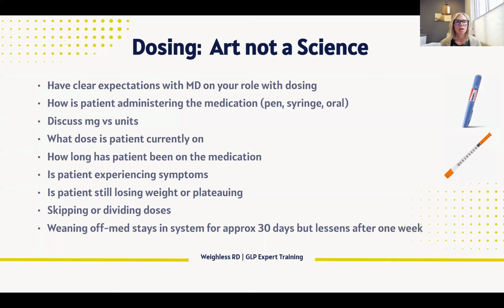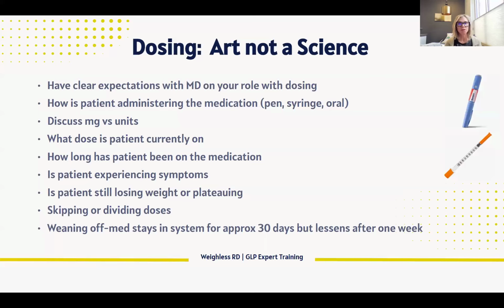When somebody is experiencing different side effects, you can play with the injections. You can talk to them about skipping a week. You can divide the dose.